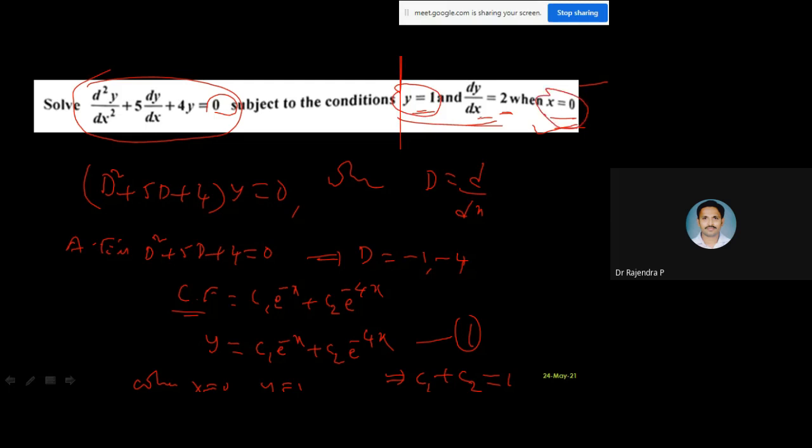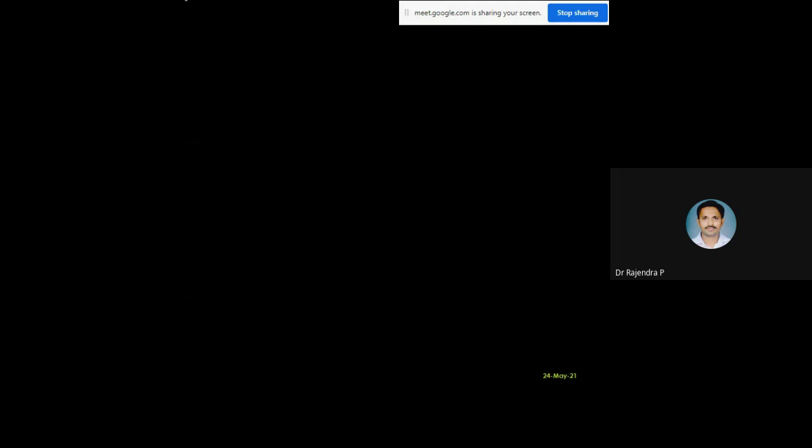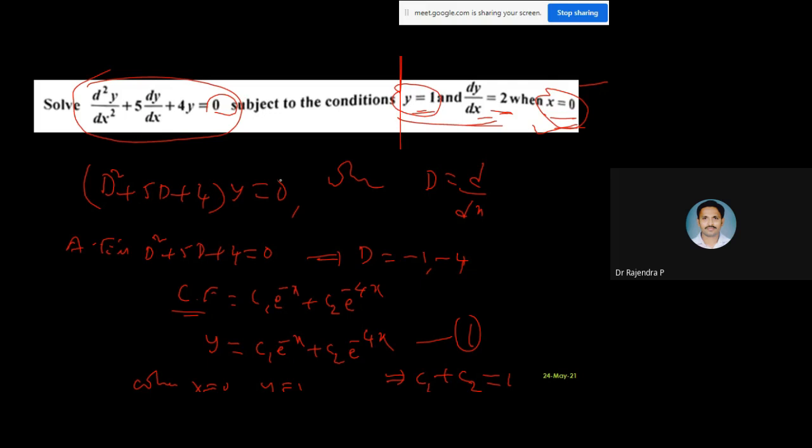Similarly, dy by dx is equal to 2. This is your first equation. If I differentiate this, I will get dy by dx. When I differentiate with respect to x, the derivative of e power minus x is minus e power minus x, because the derivative of minus x is minus 1.